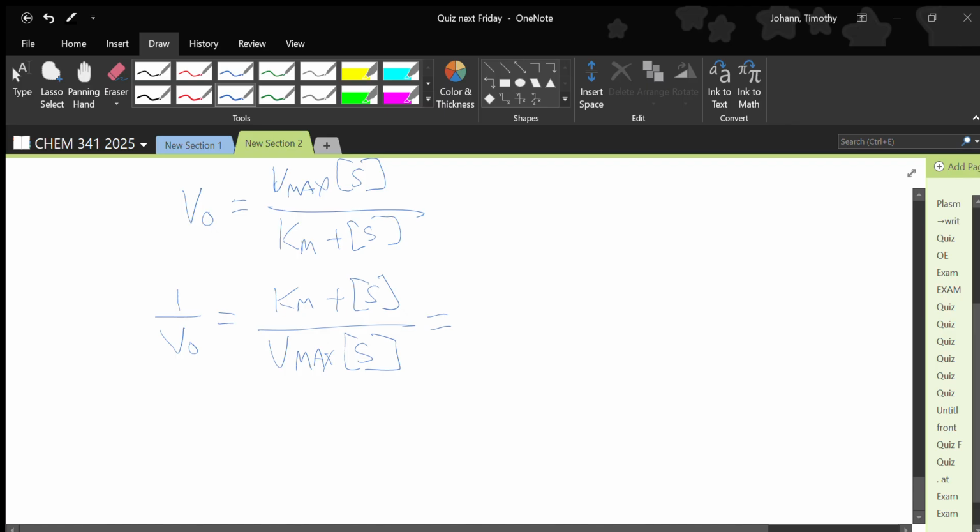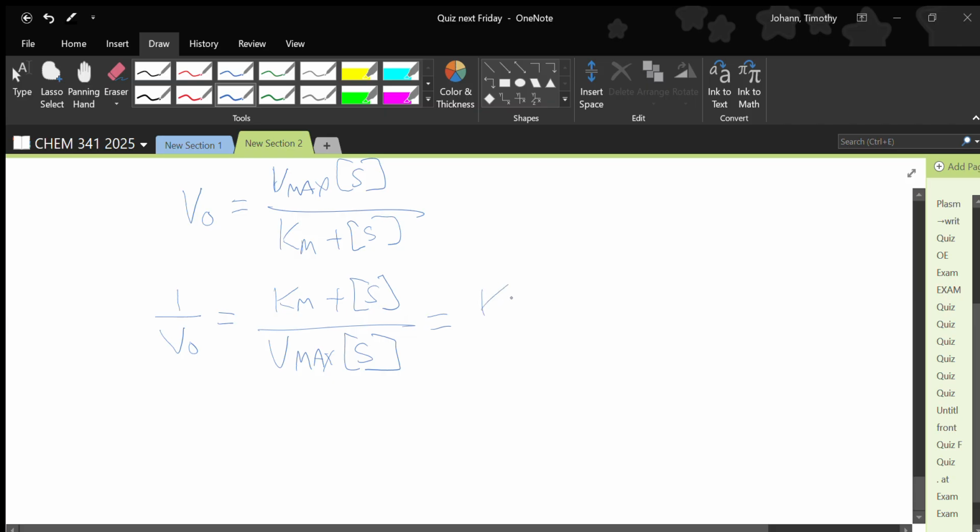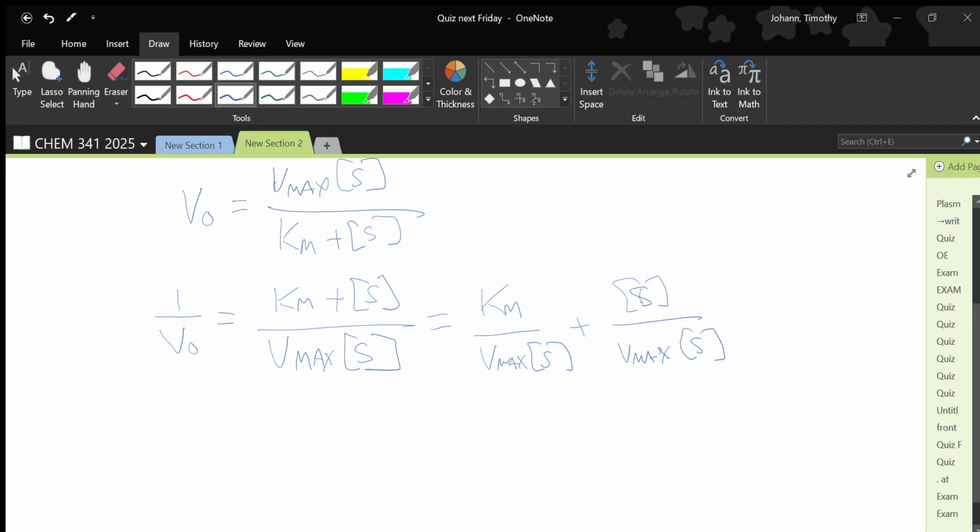All right, and now I can actually separate out the top two terms. So I can do this as Vmax over substrate concentration plus substrate concentration over Vmax, over substrate concentration, right? You guys all right with that? Just separate it out, kept my denominators.